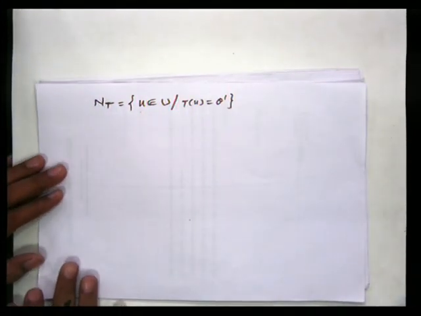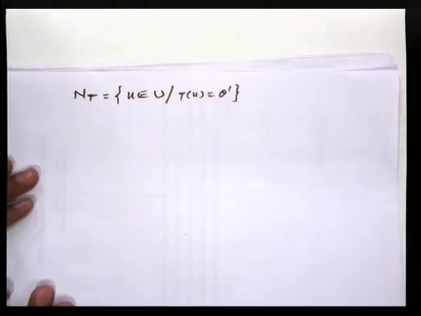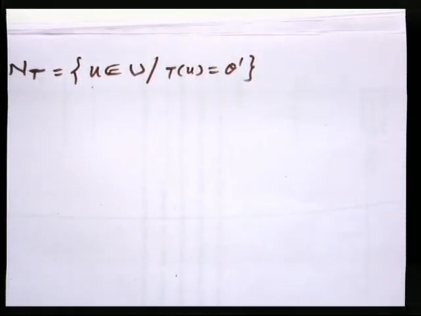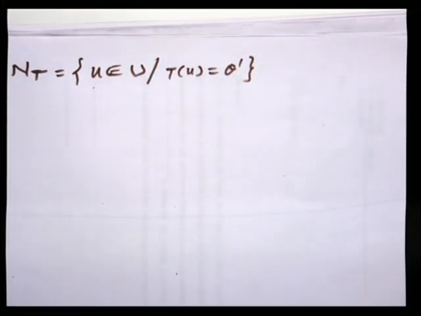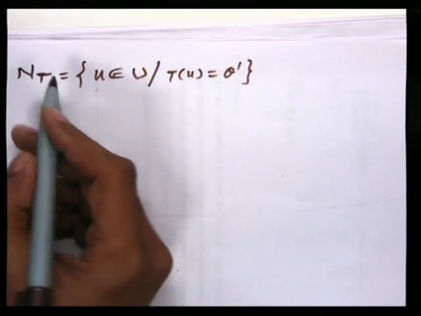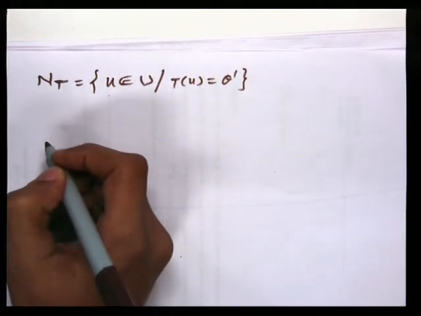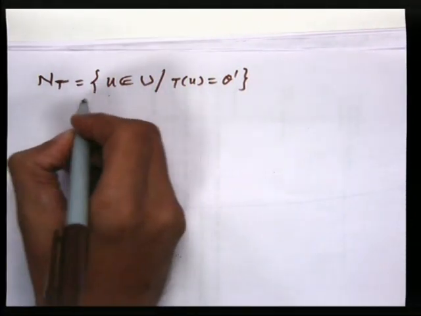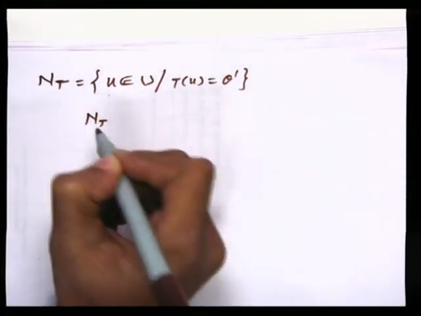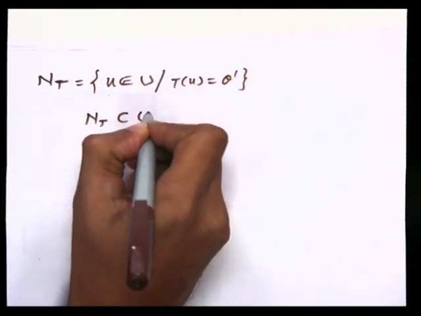We have to show that this set is a subspace of the domain space U of the linear transformation T from U to V. So first of all, obviously this set NT is a subset of U.